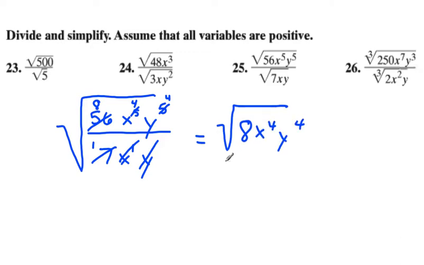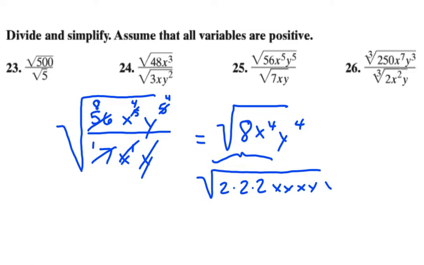But we're not done yet, because this 8 can be rewritten as 2 times 2 times 2, and then we have x to the fourth and y to the fourth. I'll make that look a little bit more like an x. Okay, there we go. All right, now we want to take pairs or groups of 2.